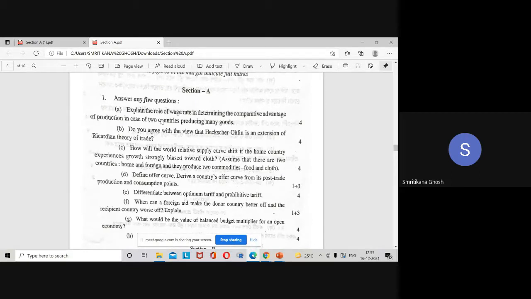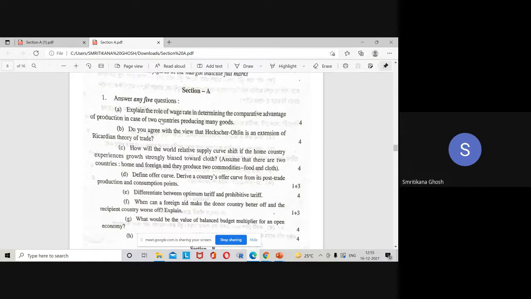And from there we find out for which commodity the country has comparative advantage, so that country will produce those commodities. So it is actually the N commodity extension of the Ricardian model. But this is very important in case of this paper. You have to understand from where you have to give the answer.